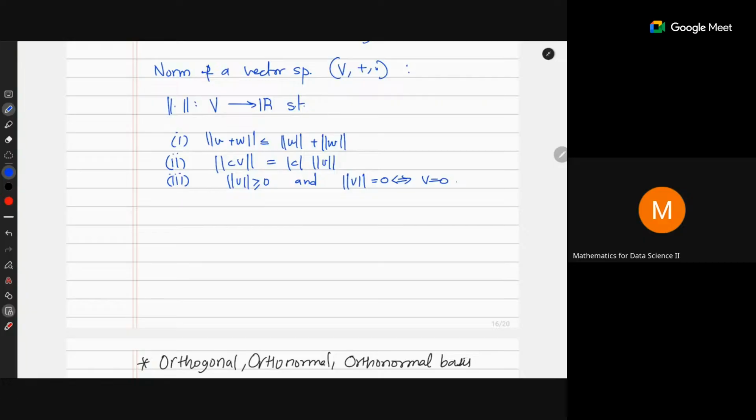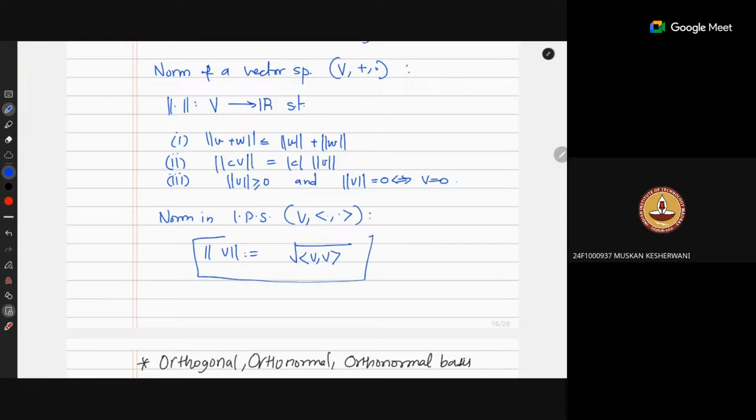All right. In case of norm in an IPS, what is IPS? IPS is a vector space with inner product structure on it. So the norm of V in an IPS is defined to be the square root of the inner product of V with itself. So this is the length also, na? Yeah, this is the length.